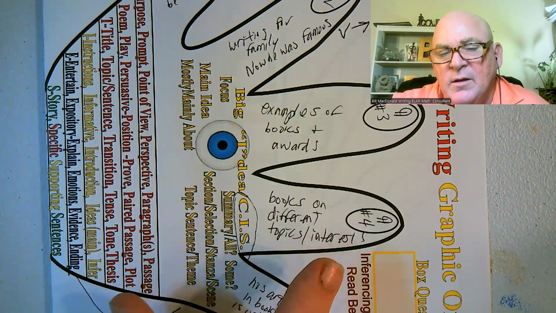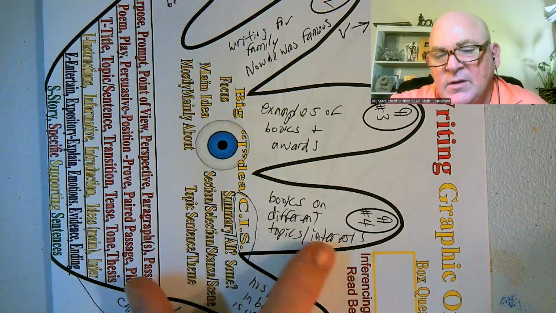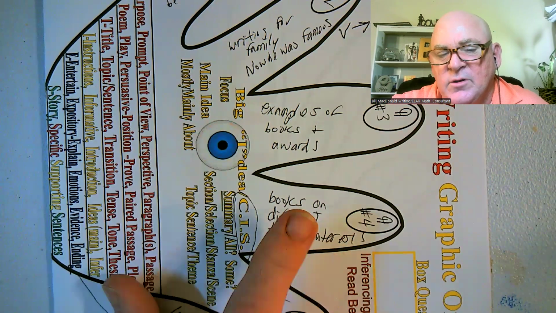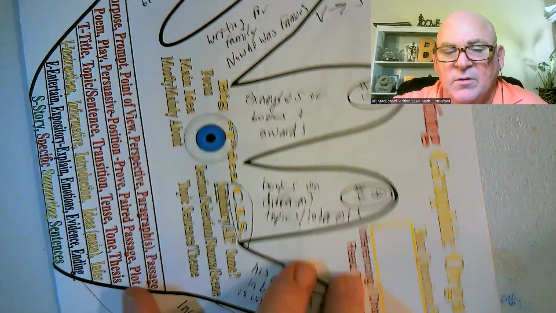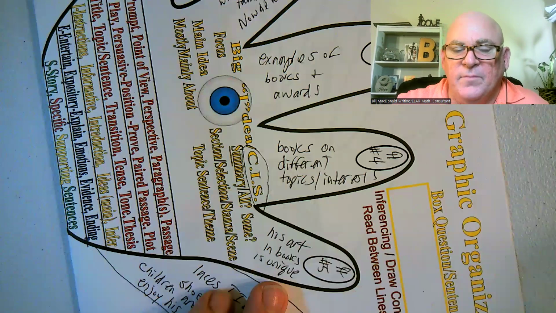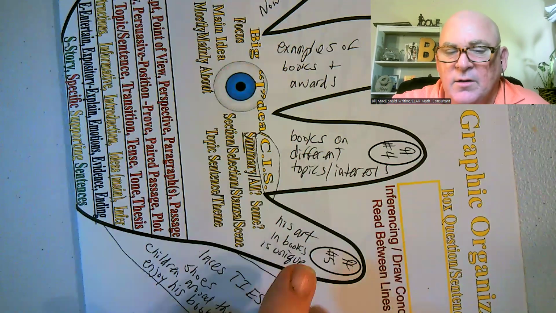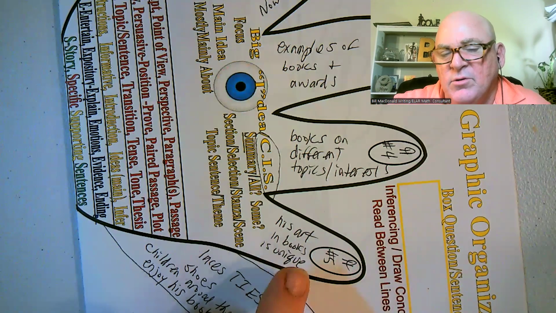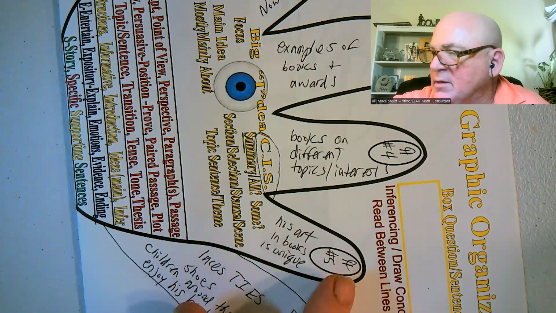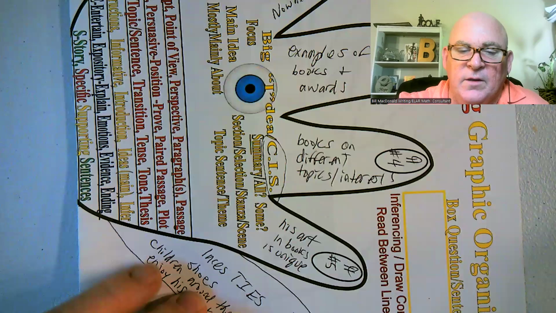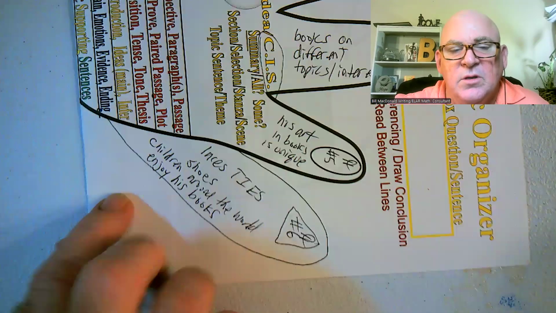And when you do that, you create interest from different people. And so that leads to a cause and effect relationship that you'll see in a moment. Paragraph 5, even his art in his books are unique, which is a positive character trait. Still talking about him and the art that he chose to use.